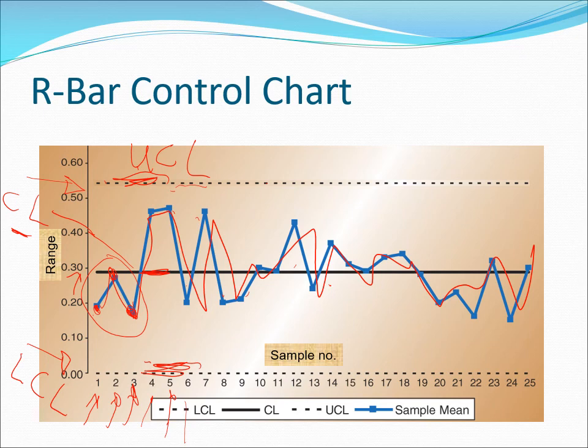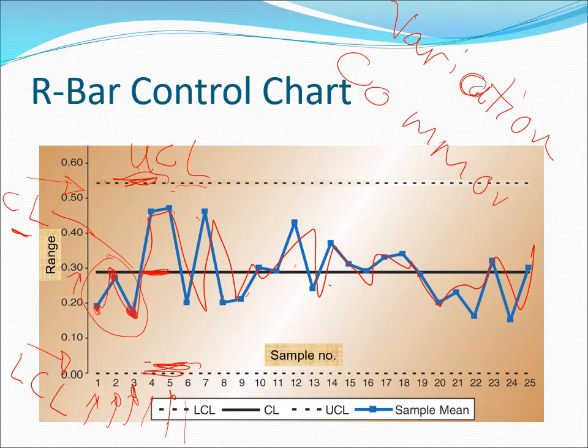We can comment here that the variation is due to common causes, not due to assignable causes. So as a quality assurance team, there is no need to worry. Yes, we have variation, but all this variation is within the acceptable range. No need to take any action.